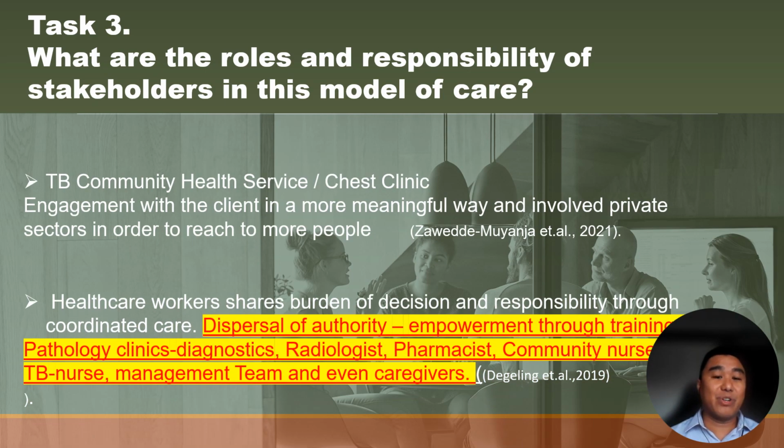Second, healthcare workers share the burden of decision and responsibility through coordinated care. So we have dispersal of authority, empowerment through training, we have pathologists working with us on clinical diagnostics, we have the radiologist, the pharmacists, community nurses who do the VDOTs, TB nurse, management team, and even caregivers.